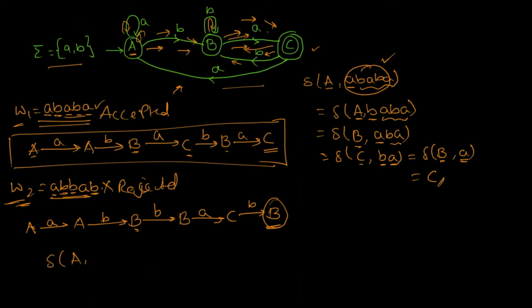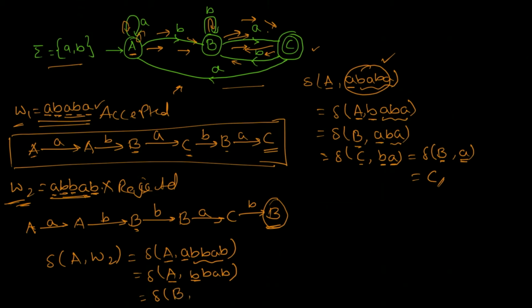From state A, we parse over the string w2, A B B A B. On seeing A from state A, it goes to state A. The rest of the string comes here. On seeing B from state A, we go to state B. The rest of the string comes here.